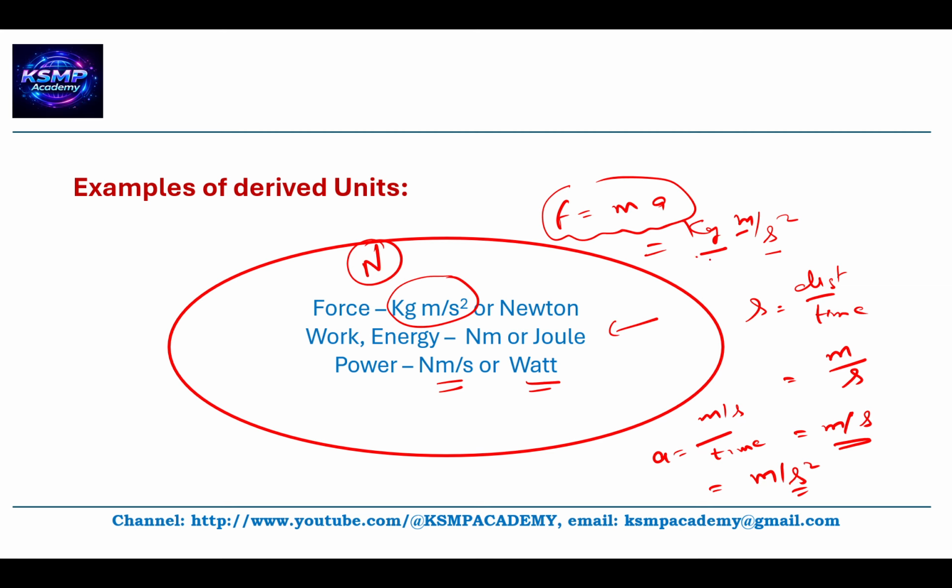M is expressed in mass, acceleration in meter per second square, which gives us the derived unit. So that approach we can apply. For some of the quantities we have to remember; it is better if we remember some of the derived units. Otherwise it is very simple. If we know the physical relation of that particular physical quantity, it can give us the derived unit of that quantity.